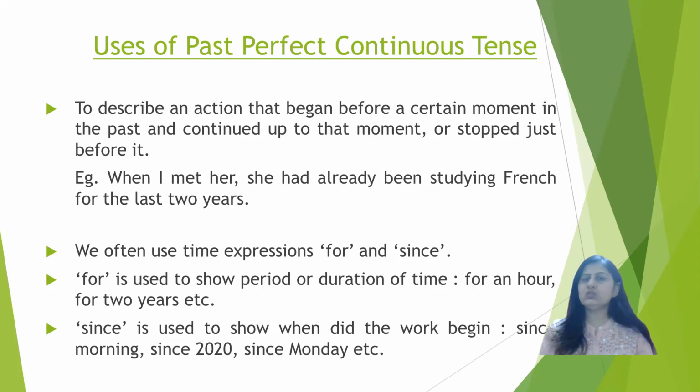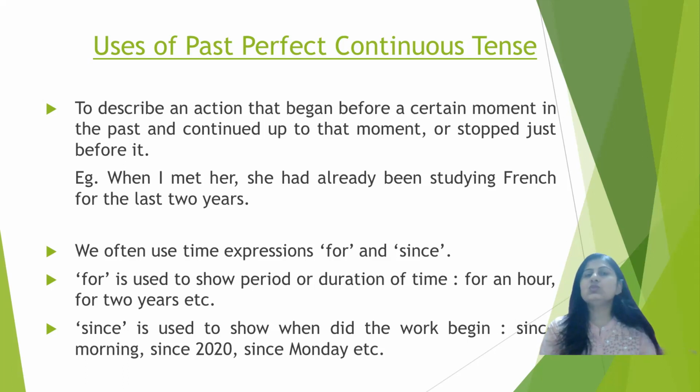For is used to show the period or duration of the time, like for an hour, for 2 years, for 10 years. Here it does not show the beginning of the time. When did the work start? It's not shown, but we show for how long the work took place. The work took place for an hour, for 2 years, for 10 years, etc.